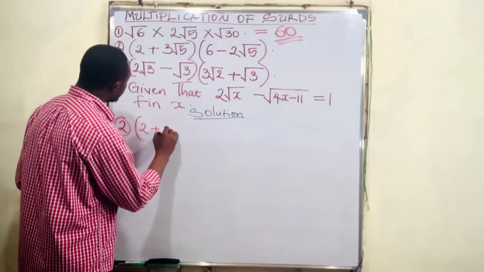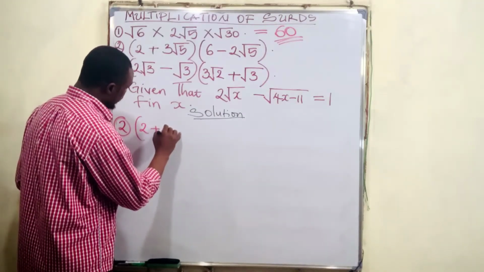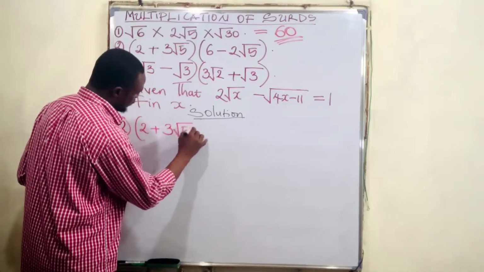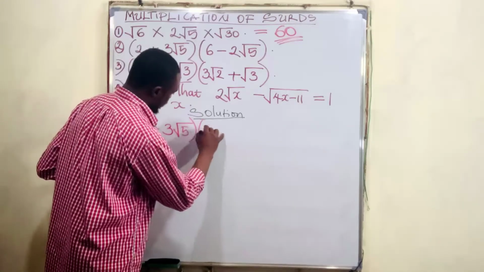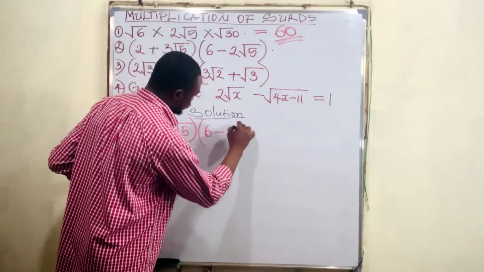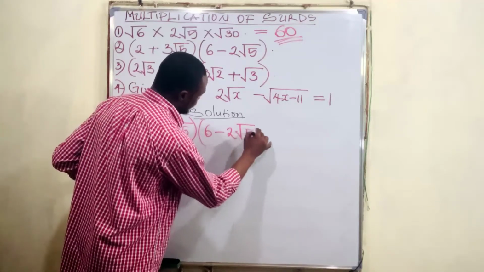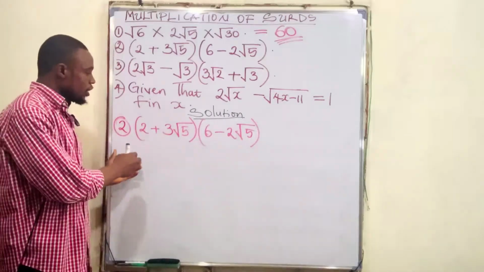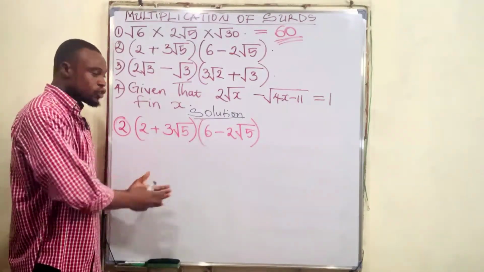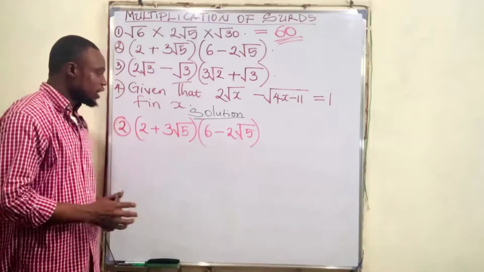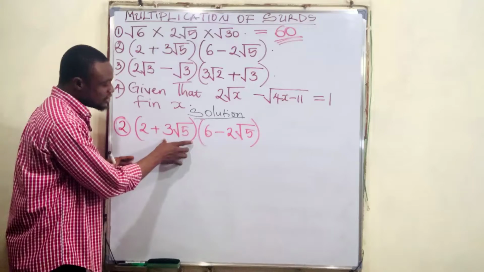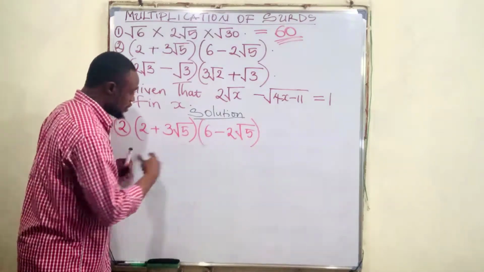So we have, open bracket, 2 plus 3 root 5, close bracket, open bracket, 6 minus 2 root 5, close bracket. What we are going to do here is to use the first bracket to multiply the second bracket, and this goes like this. 2 here multiplies everything in this bracket, plus 3 root 5 multiplies everything in this bracket.